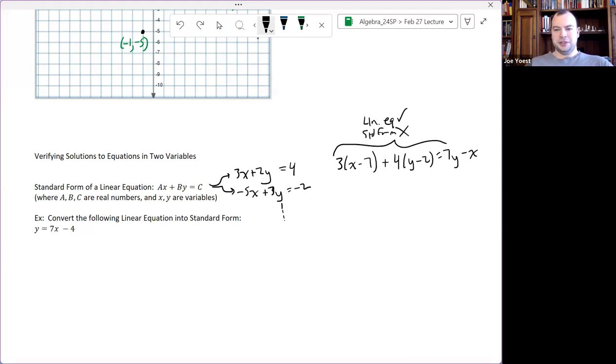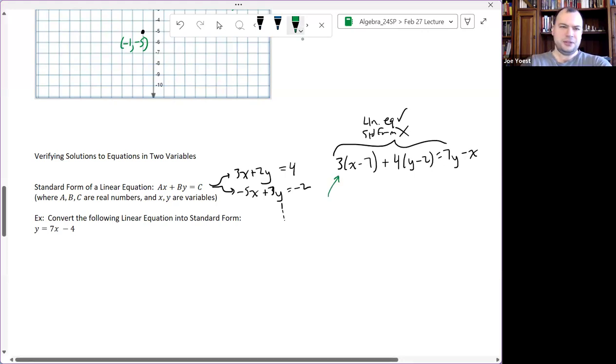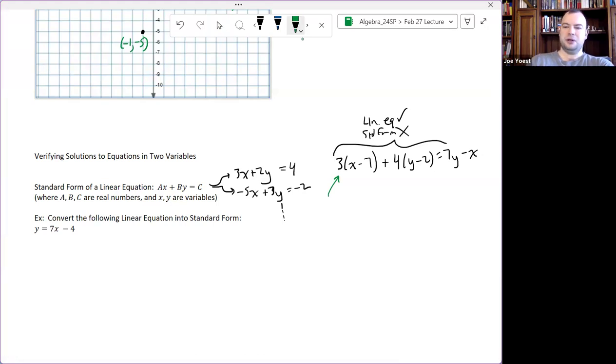Any linear equation can be written in standard form, right? I could imagine over here, I'm not going to go through all the steps, but this is a pretty crazy looking form. What could I do? Well, I could multiply out all the parentheses and combine like terms. On the left side, I would have an x term, a y term, and a constant term. On the right side, I have an x term and a y term.